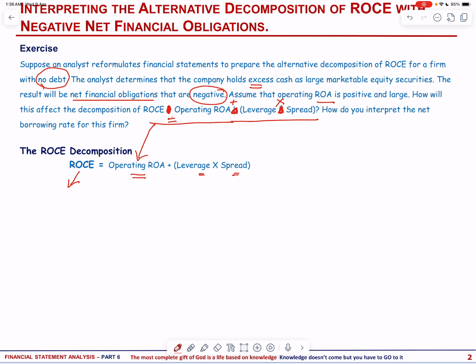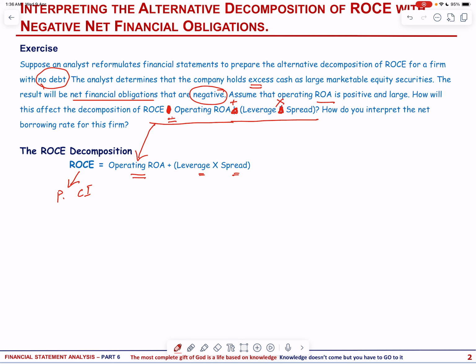So ROCE, that is return on capital employed, measures the company's ability to generate profit from its capital investments.